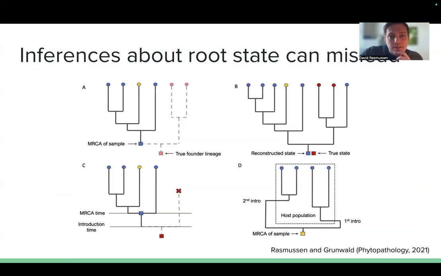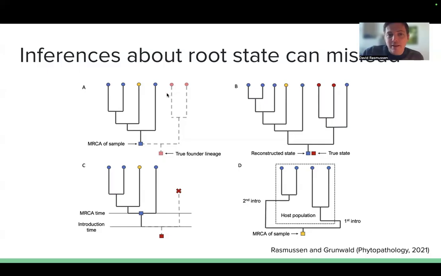One thing that I would like to point out is that there are many reasons, or at least four reasons that I can think of, why inferences about the root state in a given phylogeny might mislead us when we're thinking about the origins of a given pathogen. The first case is the easiest to understand: we simply might not have sampled individuals from the true source population.